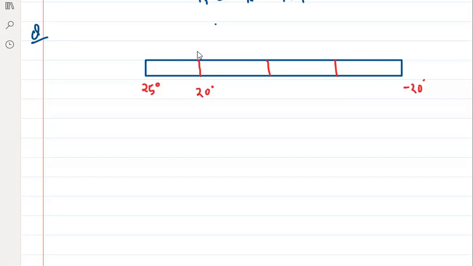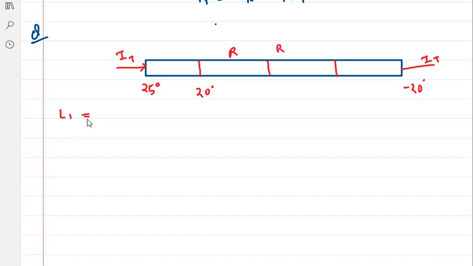Now, the resistance of this and this are both equal, R and R. Here we have current IT, which will be the same. Now, this is L1.